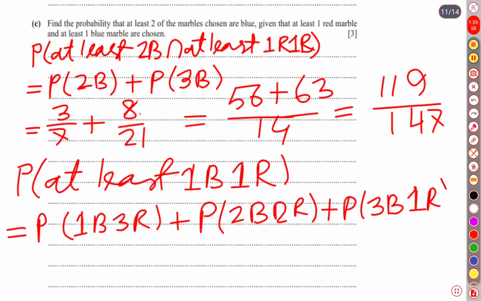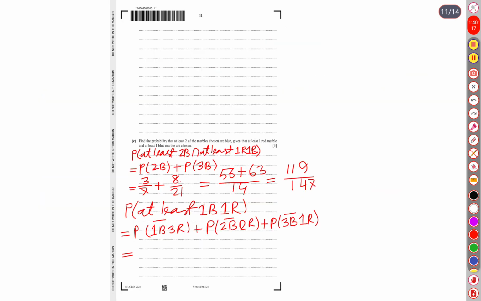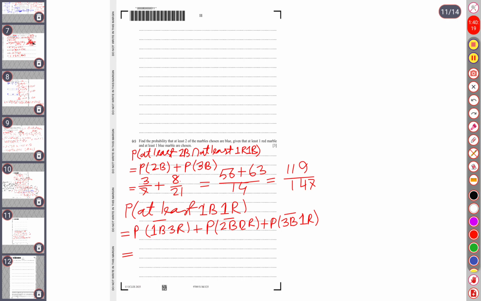So there is the probability of one blue, two blues, as well as three blues. Let us see what the probabilities are, not on this page, over here.